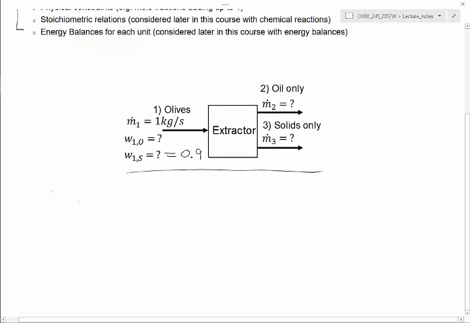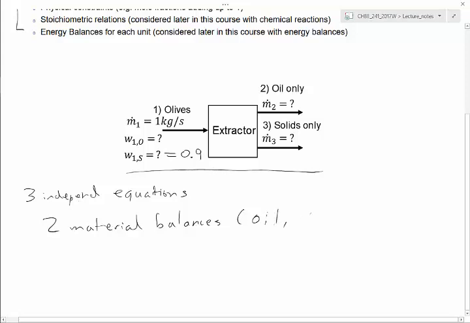We had said when we had done our degrees of freedom that there was essentially 3 independent equations that we could use. 2 of these were material balances, and these were for oil and solids. And then one of these was a physical constraint.